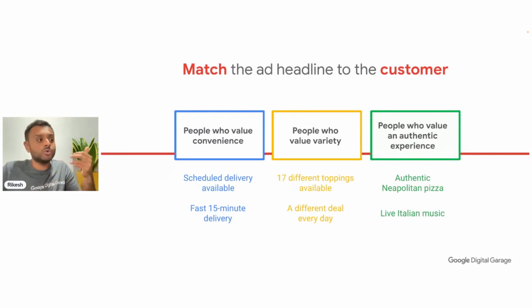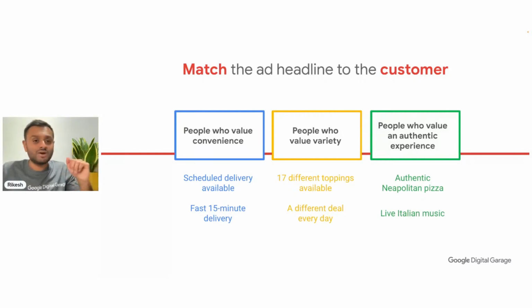Now, for those people who value variety, this may well be in the category of the students. So maybe using ad headlines such as 17 different toppings available, or a different deal every day. And I know from my student days that having different deals every day is very handy to see and notice, and that would definitely pique my attention.